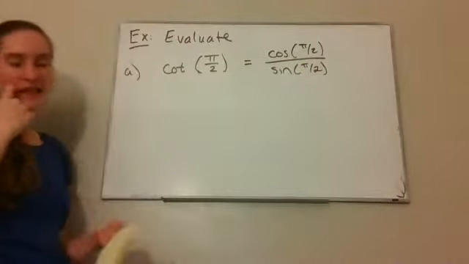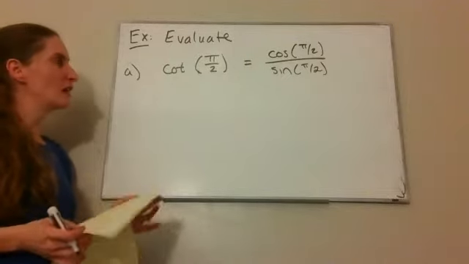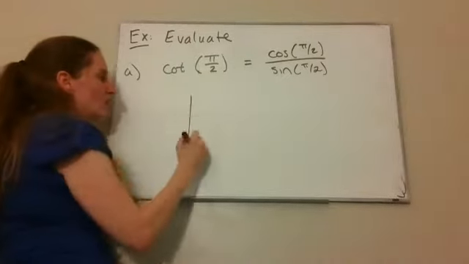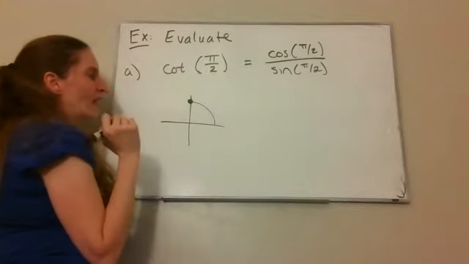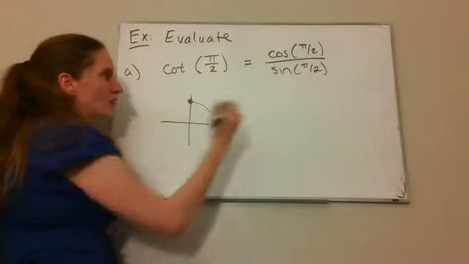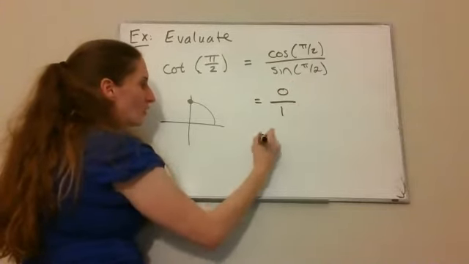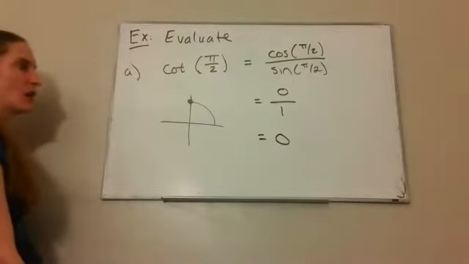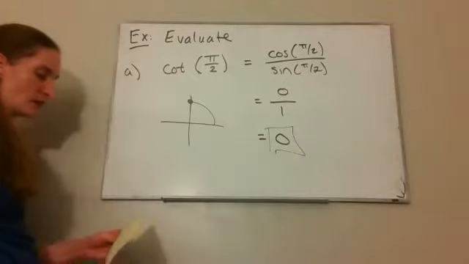I could also just write this as x over y using my definitions from the unit circle. Now, regardless, pi over 2, we're talking about this angle up here. The x value of that point is 0, and the y value is 1. 0 over 1 is 0. So cotangent of pi over 2 is 0.